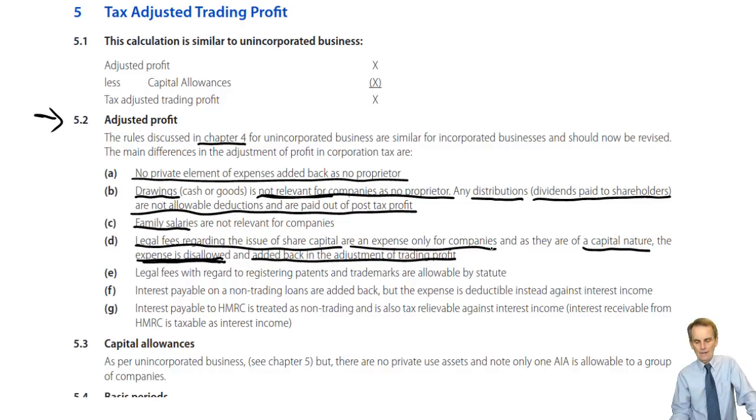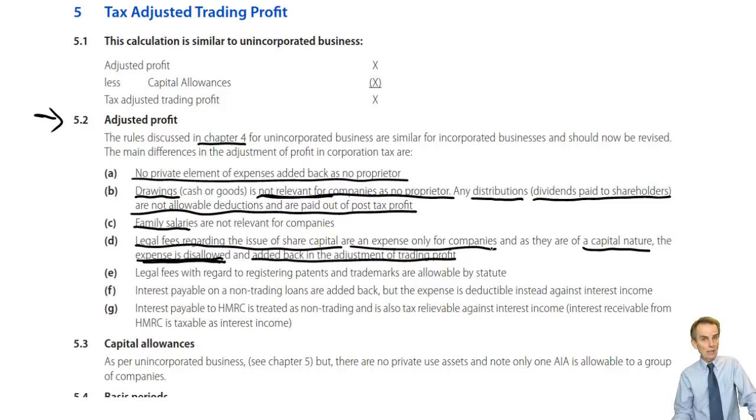You borrowed to buy plant and machinery and or to increase working capital. All of these are trading reasons, and therefore any such interest payable on a trading loan is absolutely fine. No add back, no adjustment of profit required. That is a perfectly allowable expense.